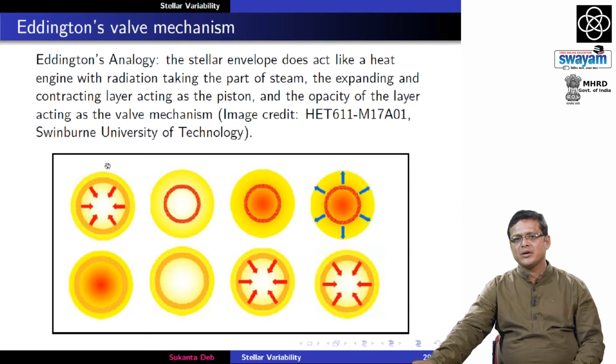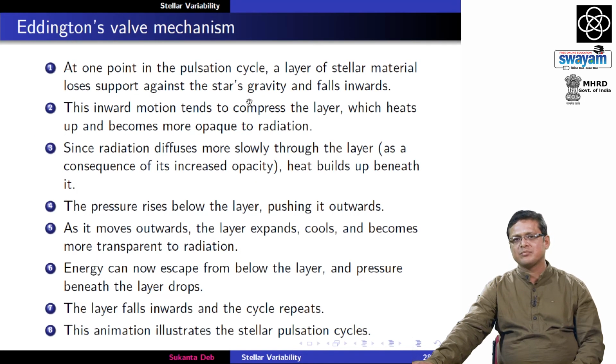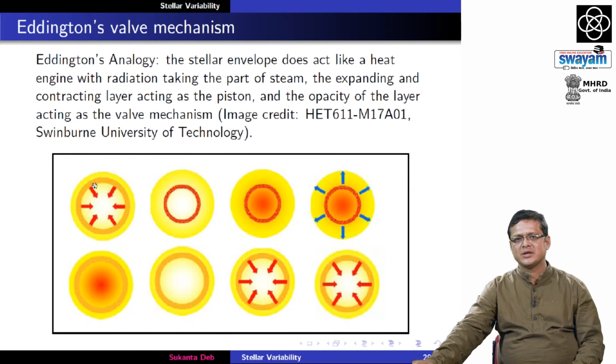Now, here are some of the steps. Let us say a layer of stellar material loses support against the star's gravity and falls inward. So, this is the layer, and it falls inward due to some momentary loss of hydrostatic equilibrium.